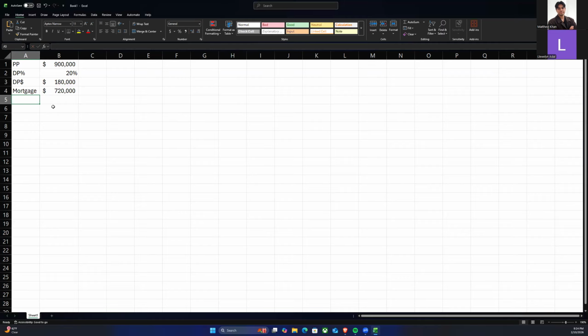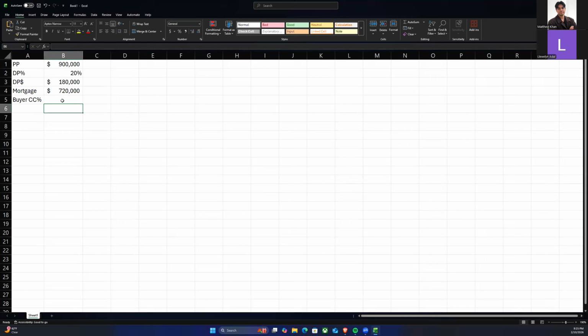Now, there are a couple of things we have to take into account. When you buy a property, you're going to pay what we call closing costs for the buyer. So we want to say here buyer CC percentage. The reason we put a percentage is that it's a quick calculation.